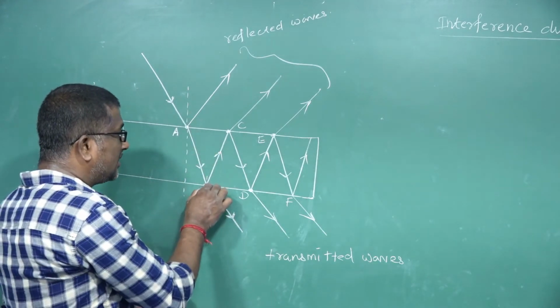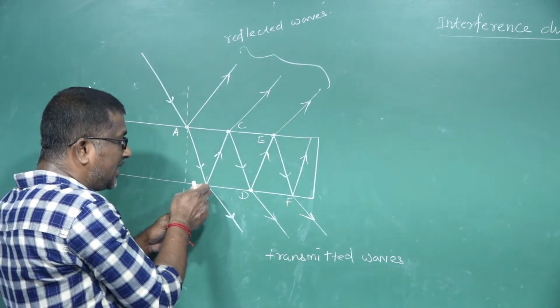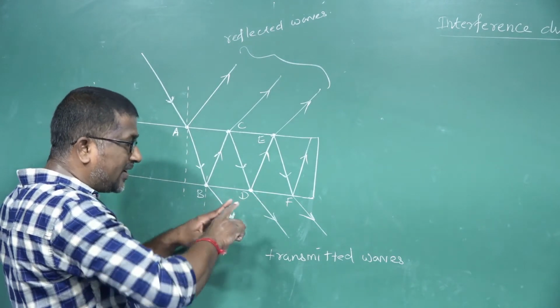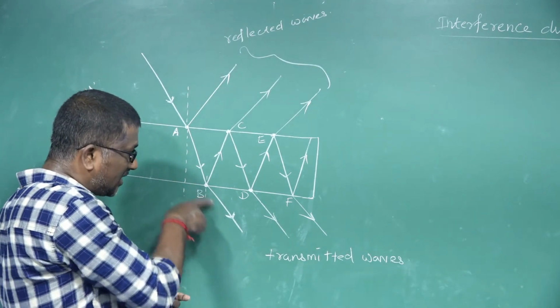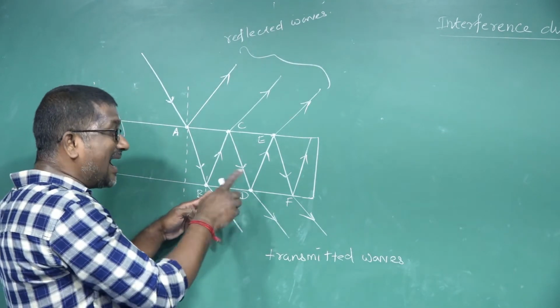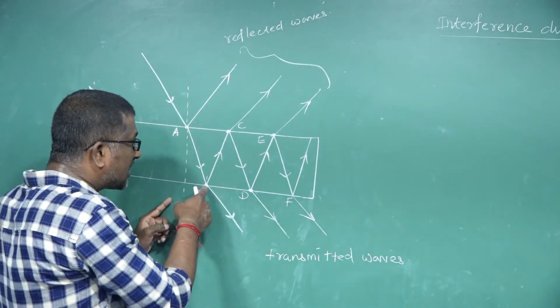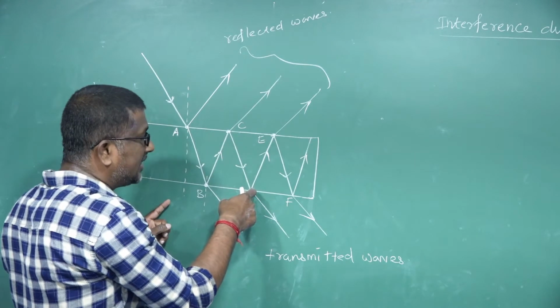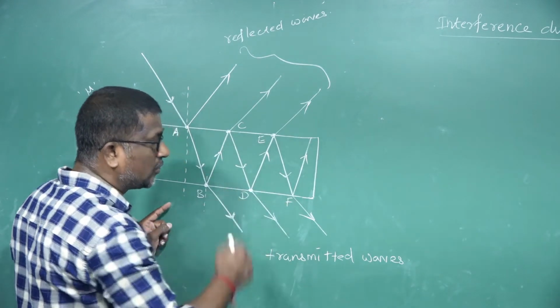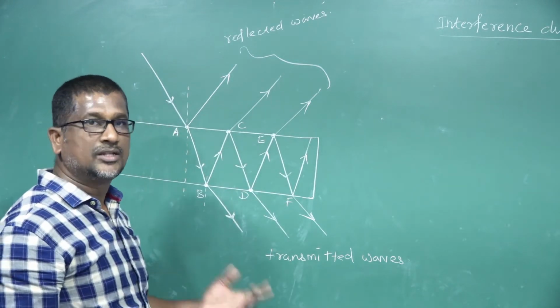When this light is incident at point B, the two transmitted waves are divided. One transmitted wave is transmitted along this direction, and another transmitted wave travels along BC and then along CD, and then emerges out from the thin film.